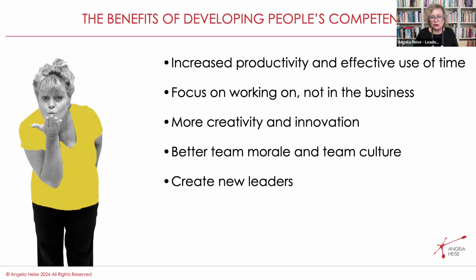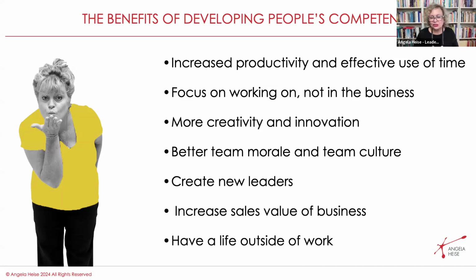That means you've created a new leader, which also means you have increased the value of sale of your business, because when people go with you, with a business, you can definitely charge more. And really, really important, you have a life outside of work. So you get your life back. You do not have to work on the weekend, because you have people around you who you have managed to the level of their competence, and you can relax and let go.